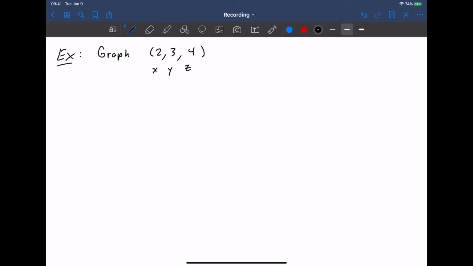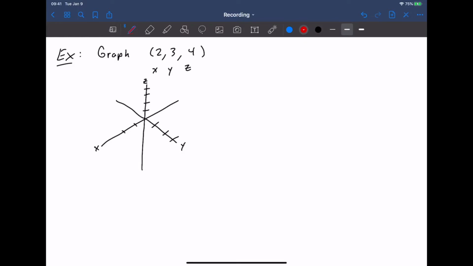So if I wanted to graph, I'd have my x-axis, my y-axis, and my z-axis, coming right down the center of that x. We're going to try to graph 2 along the x, 3 along the y, and 4 along the z-axis. And just to be clear again, that's the positive x, that's the positive y, that's the positive z.